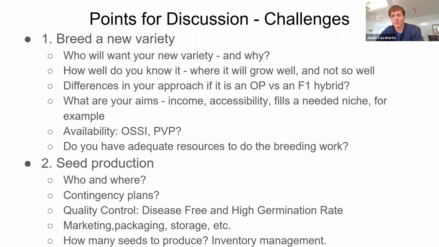And it really gives the PVP holder kind of the marketing rights for a limited amount of time. I know there's been a lot of talk over this conference about patents and vegetable germplasm. It's really not that widespread. There are not a lot of varieties that are patented.